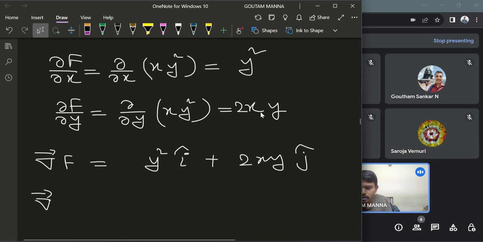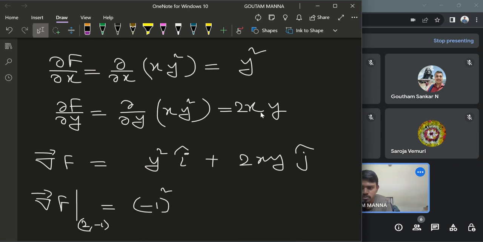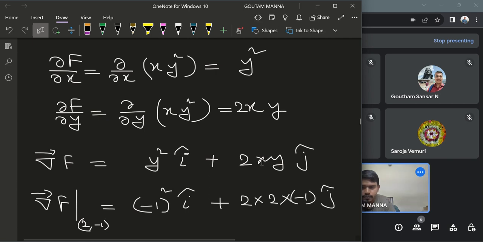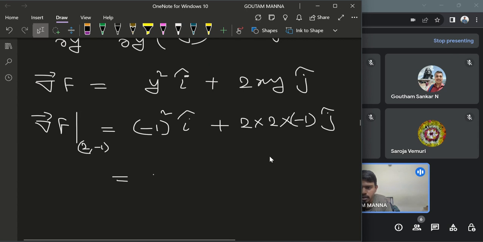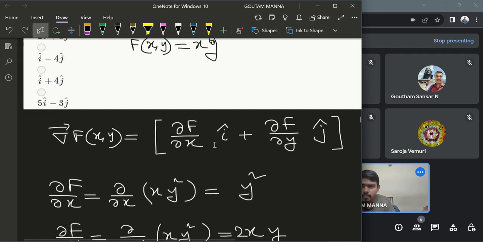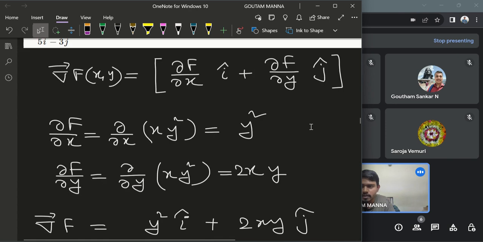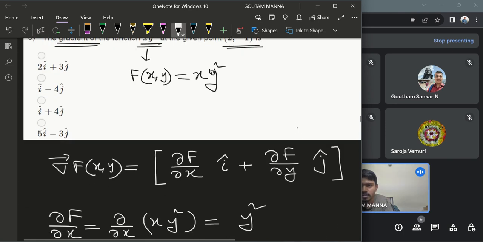So gradient of f at point (2, minus 1) equals minus 1 square i hat plus 2 times 2 times minus 1 j hat. So it will be i cap minus 4 j cap. Second option is the correct one.